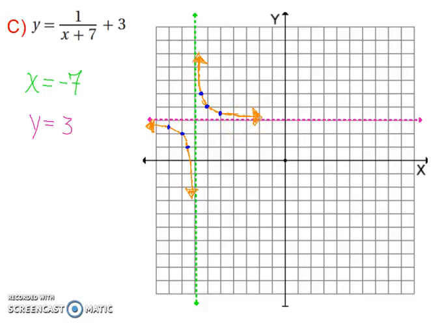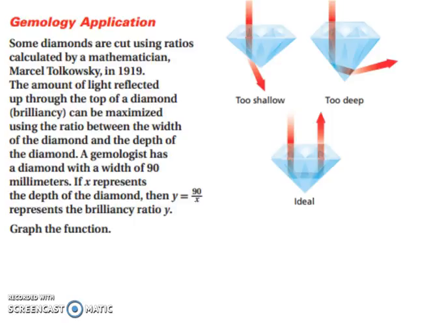Now let's try a gemology application. Some diamonds are cut using ratios calculated by a mathematician, Marcel Tolkowsky, in 1919. The amount of light reflected up through the top of a diamond, its brilliancy, can be maximized using the ratio between the width of the diamond and the depth of the diamond.